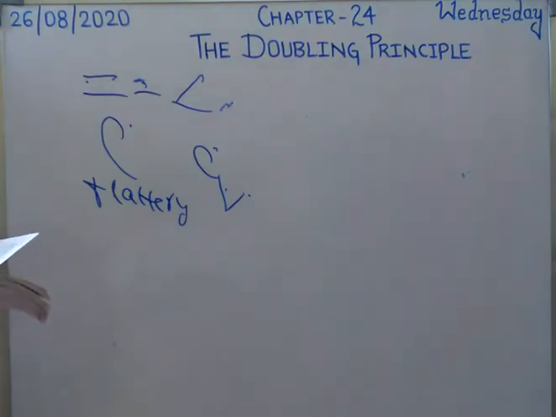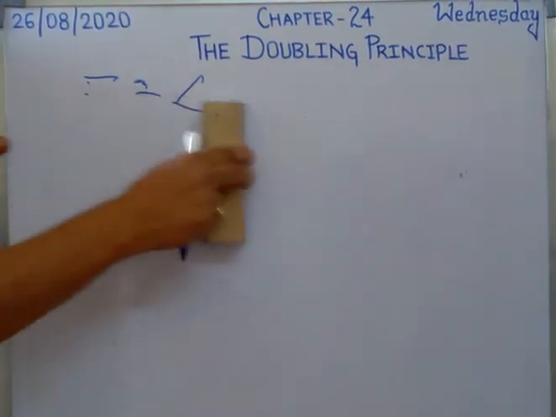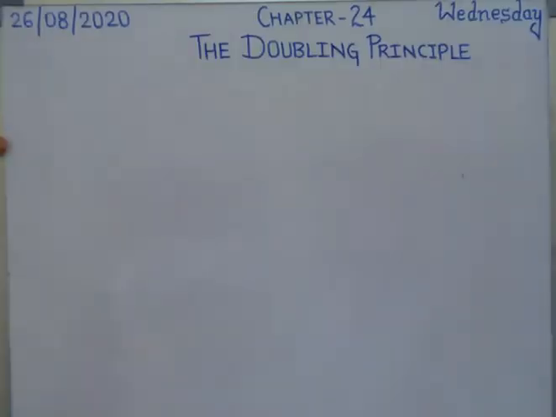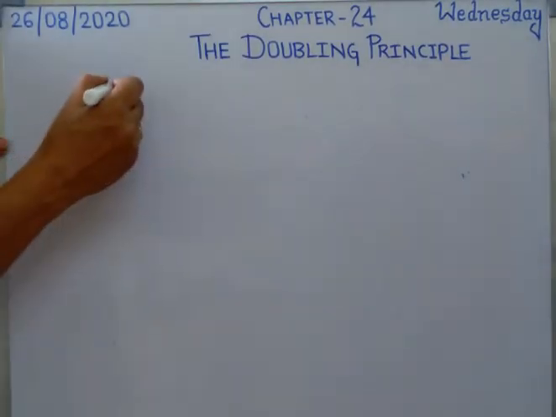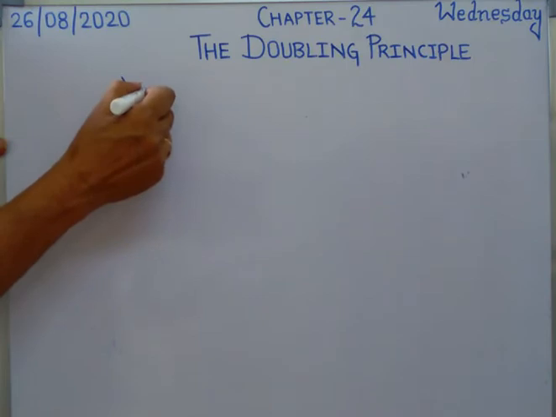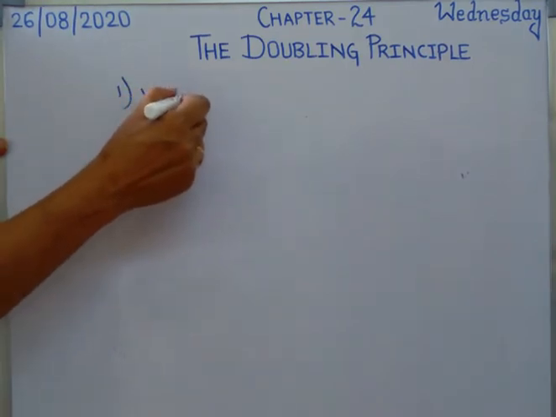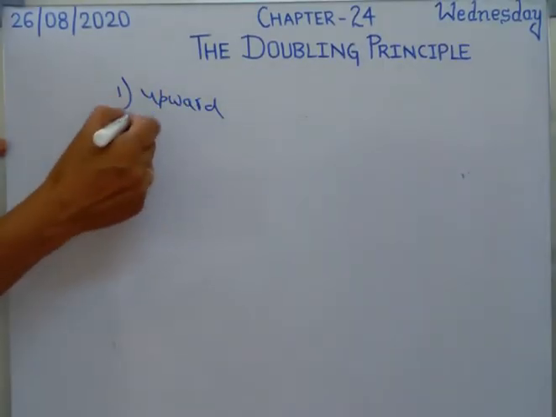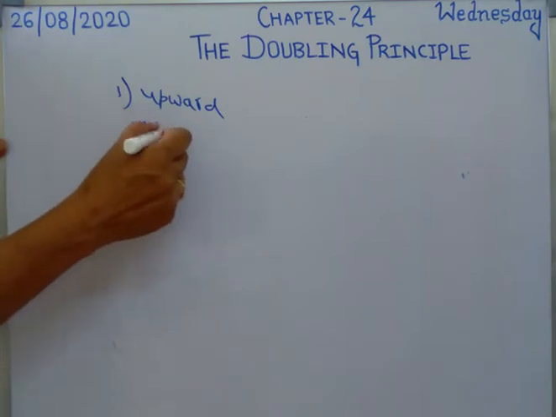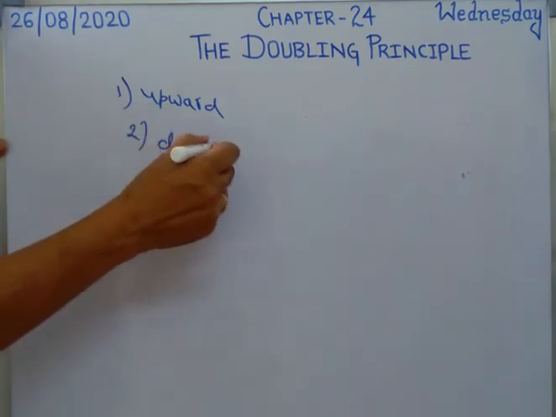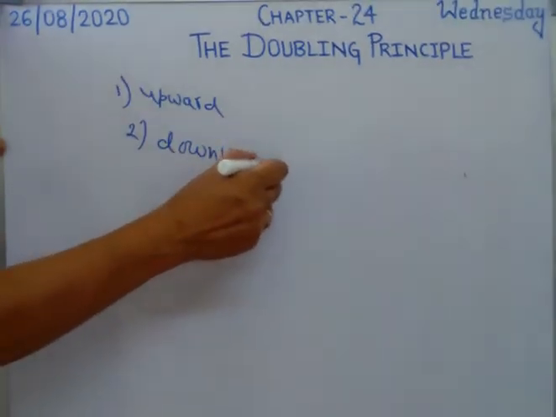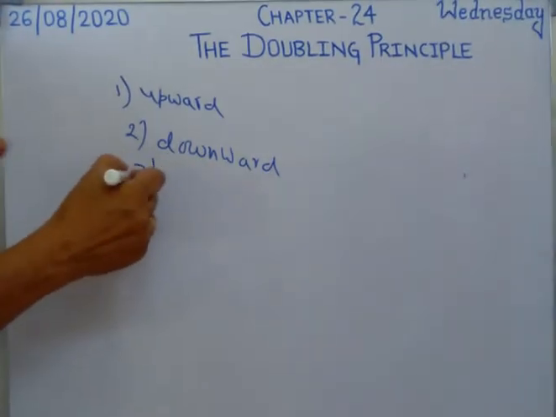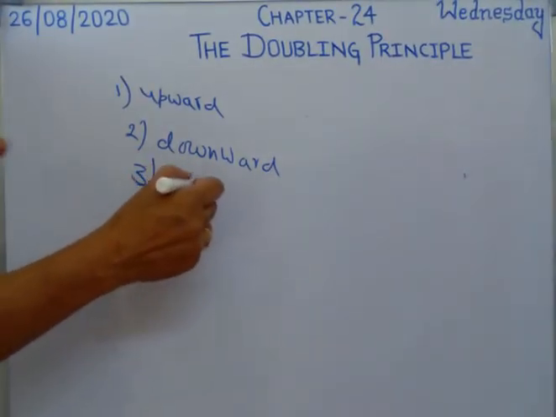Next, position of double length. When a stroke is doubled, what should be the position of the outline? There are three cases. The rule which applies in case of upward strokes, the rule which applies in case of downward strokes, the rule which applies in case of horizontal strokes.